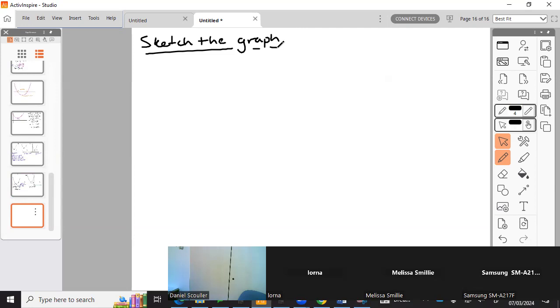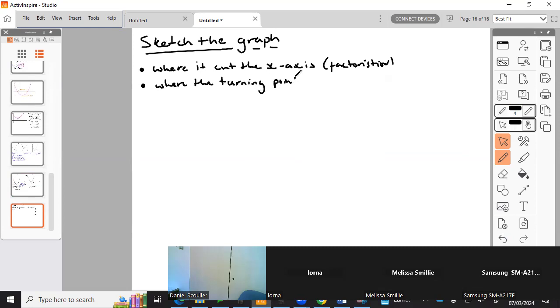All right, to sketch the graph we need to know a couple of things: where it cuts the x-axis, we need to factorize it, where the turning point is, and the nature of it. We've not covered that.